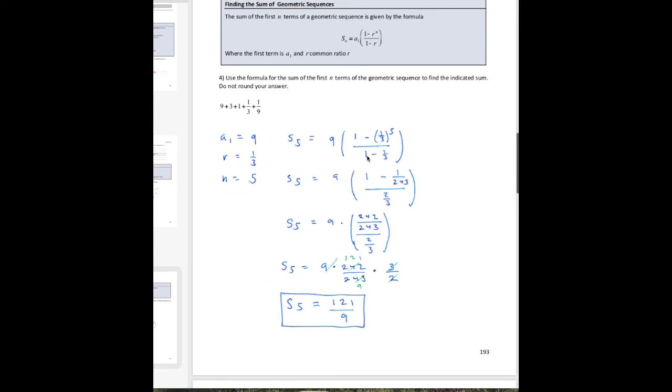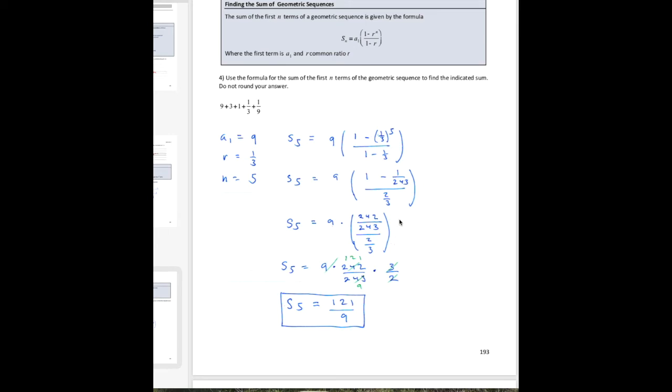So that got me here. And then 1 minus 1/3 would leave me 2/3. And then 1 minus 1/243 would leave me 242/243, if that makes sense, because this would be 243 over 243. And then this is a complex fraction, so I could do fraction divided by fraction. What I did was I just brought this up and flipped it over.